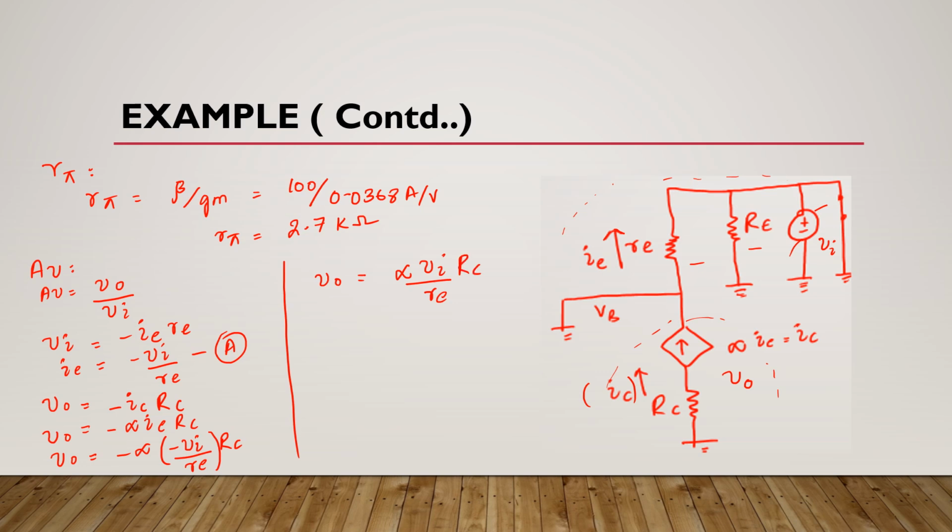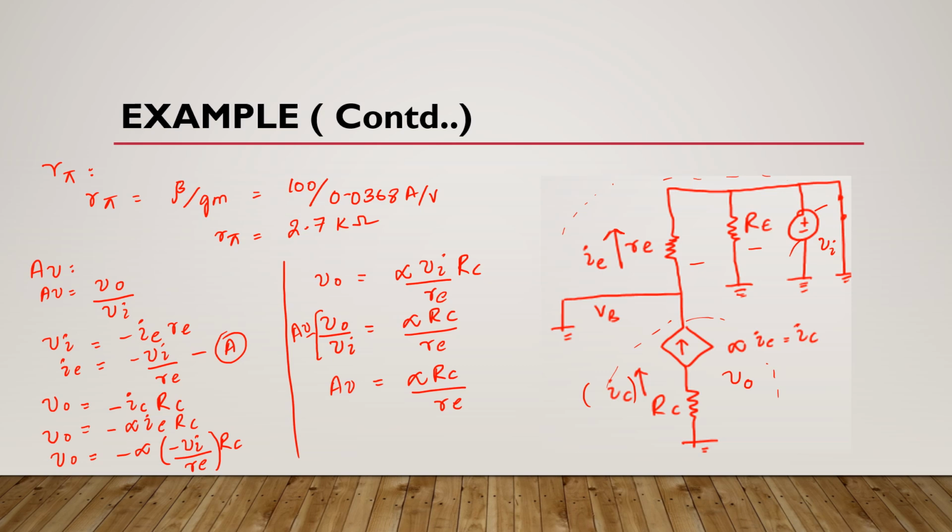Okay, we can write this equation like this. It is equal to alpha RC divided by RE. Okay, now we know that this is voltage gain AV, so it is equal to alpha RC divided by RE. Now we will put values here.